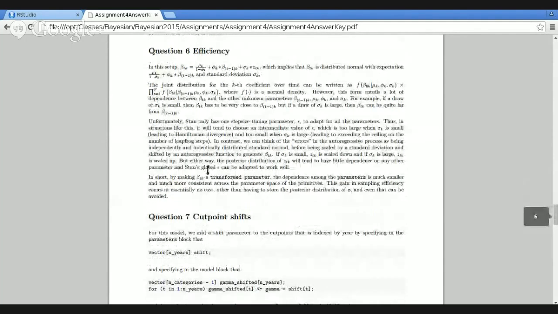And the reason why this is more efficient is you can write the joint distribution for the kth coefficient as a marginal distribution in the first year, times a conditional distribution in the second year given the first year, times a conditional distribution in the third year given the second year, all the way to the last year.